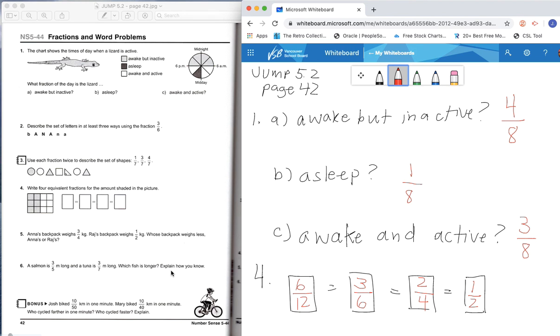A bonus. Josh biked 10/50 kilometer in 1 minute. Mary biked 10/40 kilometer in 1 minute. Who cycled farther in 1 minute? Who cycled faster? Explain. So you should look at the same page I just told you to look at for figuring out which one is further or faster by looking at the denominators.